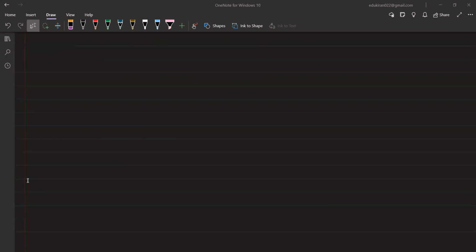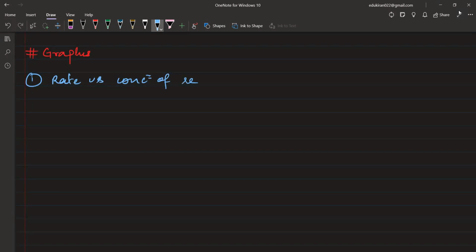Now write graphs. Please write number 1. Rate versus concentration of reactant.